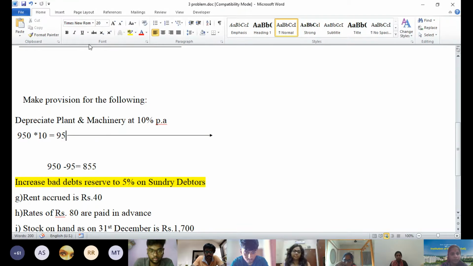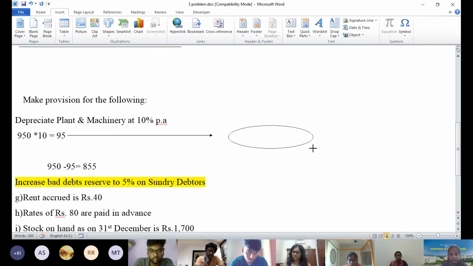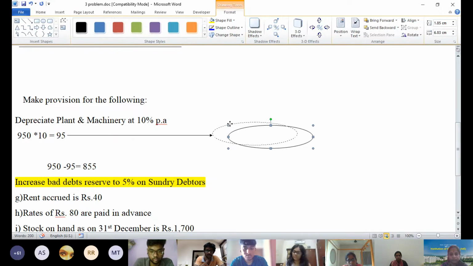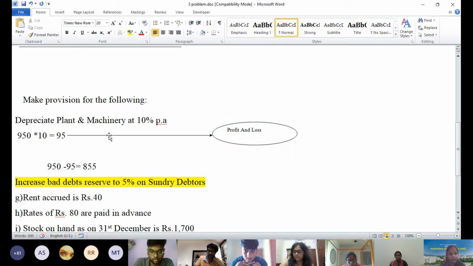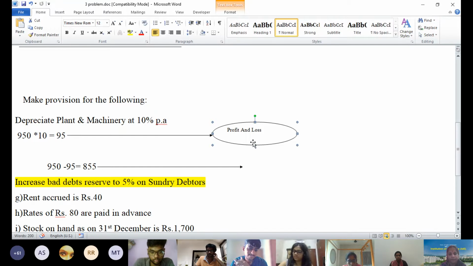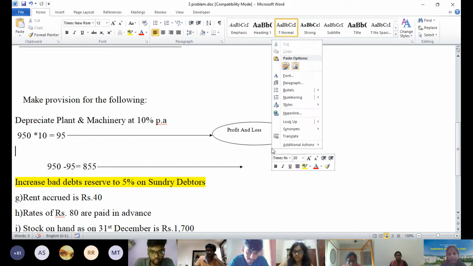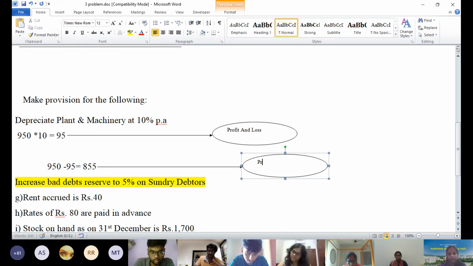This 95 alone will be in your profit and loss account, whereas 855 will go into your balance sheet directly.